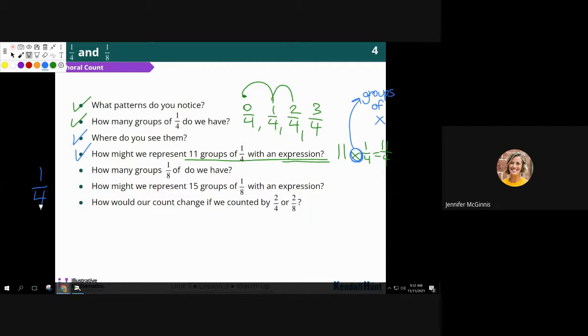Oh, we have 2. 1/4 equals 2 groups of 1/8, because 2/8 equals 1/4, right? Yes.